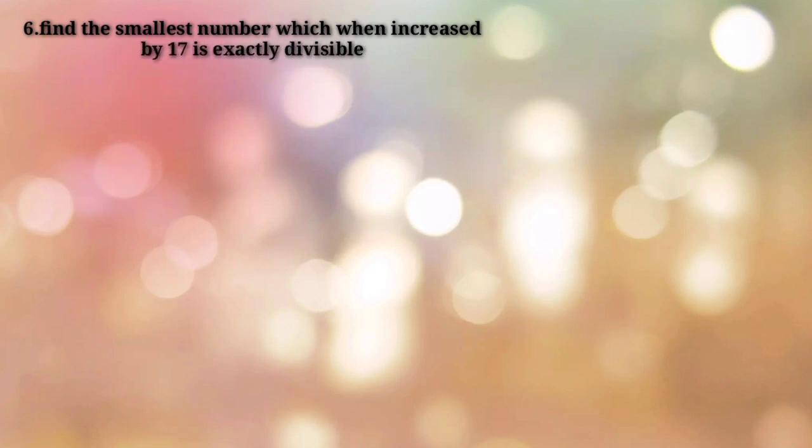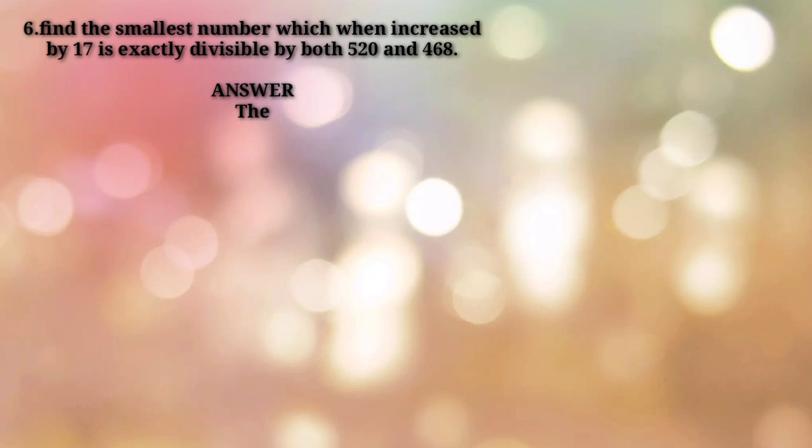Okay students, moving to the question number 6. The question number 6 states that find the smallest number which when increased by 17 is exactly divisible by both 520 and 468.